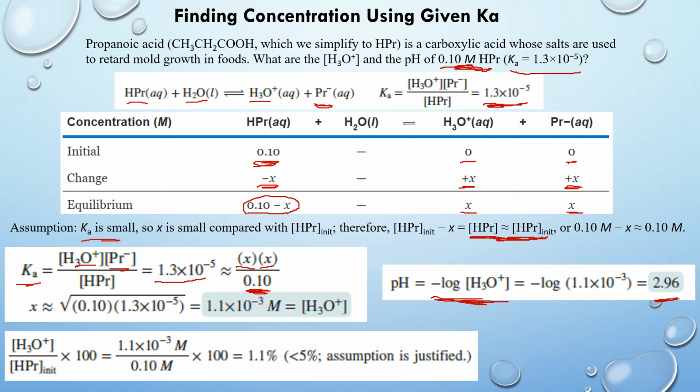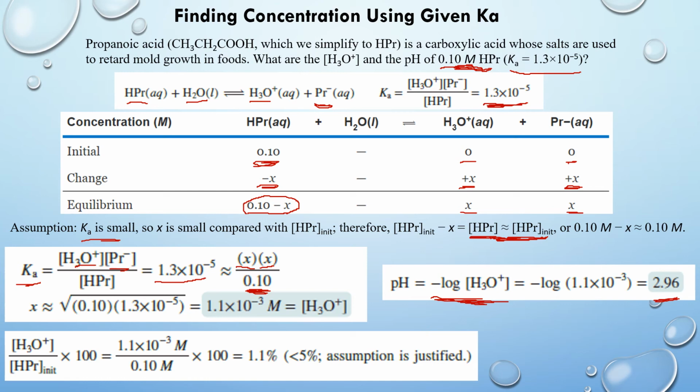After you finish, remember you always need to justify your assumption. Your assumption is that the amount of this proton and conjugate base generated, this x, is very small, meaning that the amount of acid dissociated is very small compared to the initial concentration.